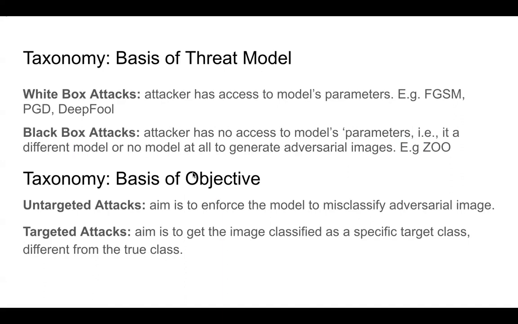Let me see if I can craft an example. Let's make it more simple. Let's say the target model is a cat and dog classifier, and we're trying to find a cat and add some adversarial noise to it, such that the cat will still look like a cat, but it will be predicted as a dog.